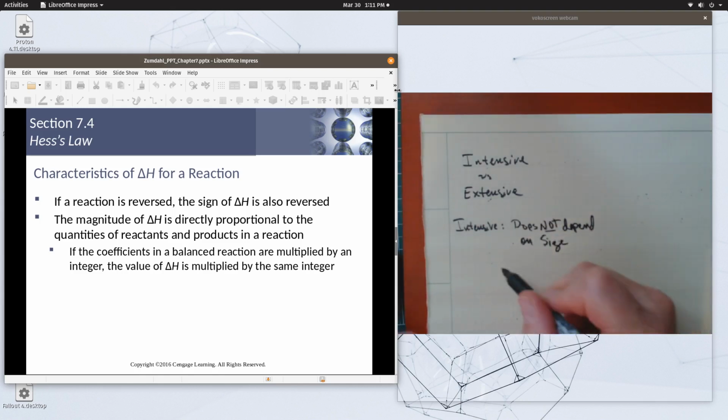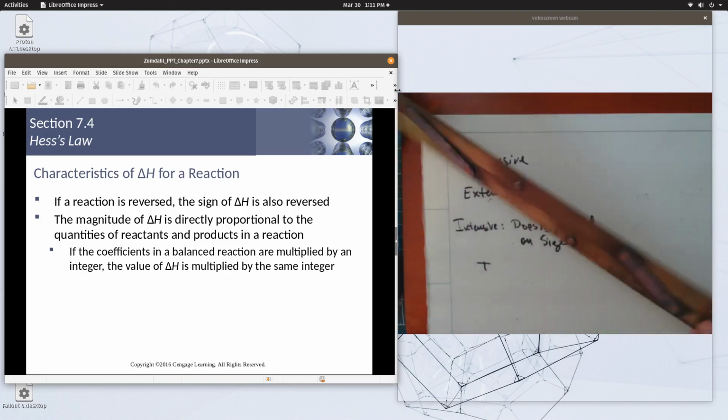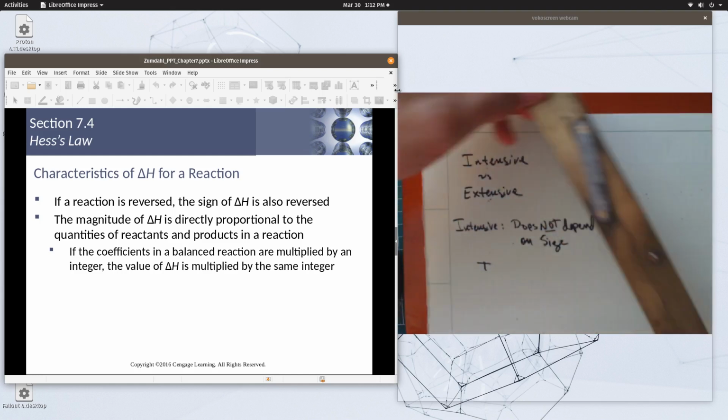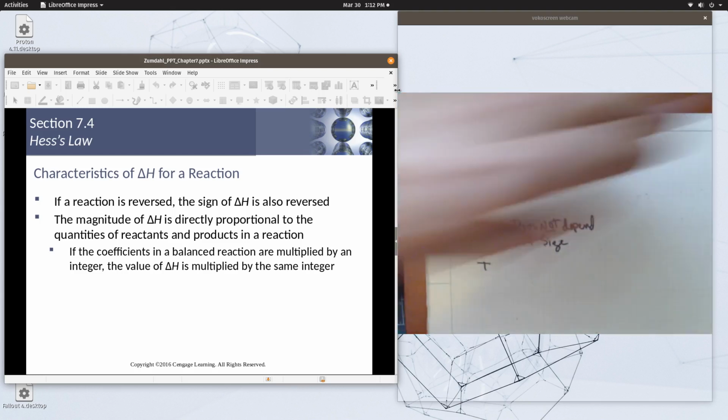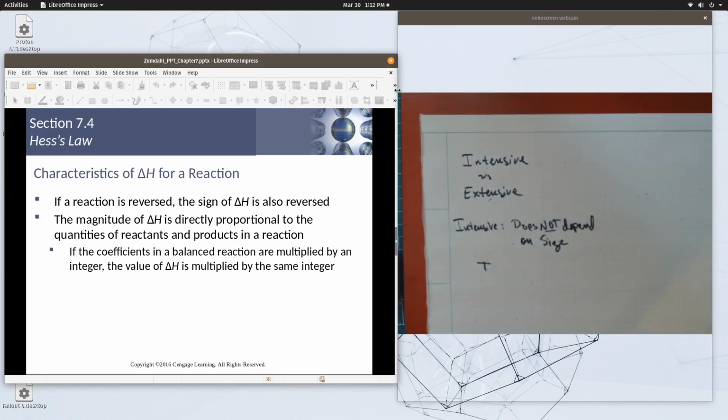For example, temperature. The temperature of this object right here, this nice little parallel rule that I have made out of brass, doesn't depend upon the size of the system. If I double the size of that ruler, it's still at the same temperature. Internal energy just doubled, so I have twice as much volume, twice as much stuff. Pressure does not depend upon the size of the system.